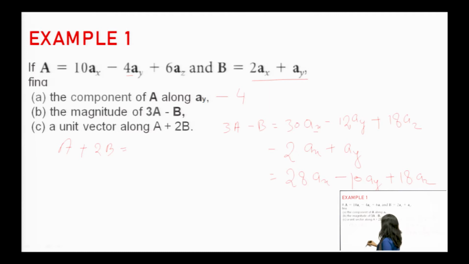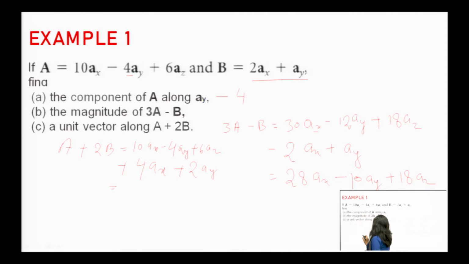A plus 2B will be 10ax minus 4ay plus 6az plus 2B, so plus 4ax, because B is this one, 2 multiplied by 2, 4ax, plus 2ay.